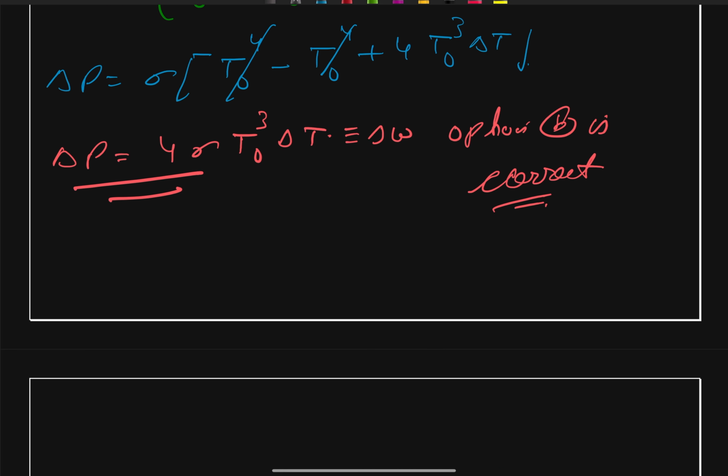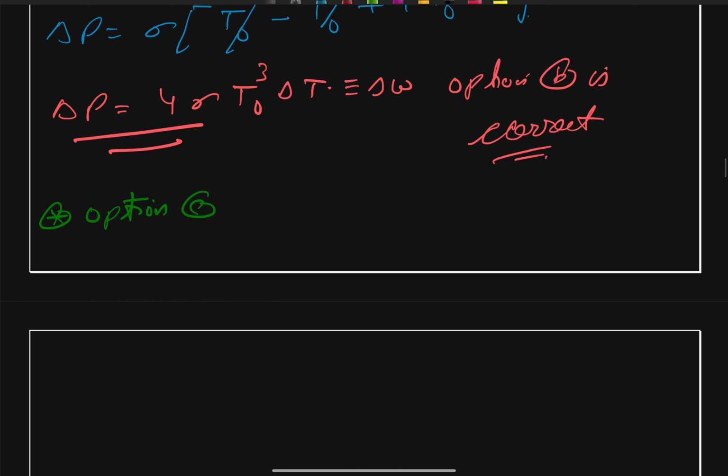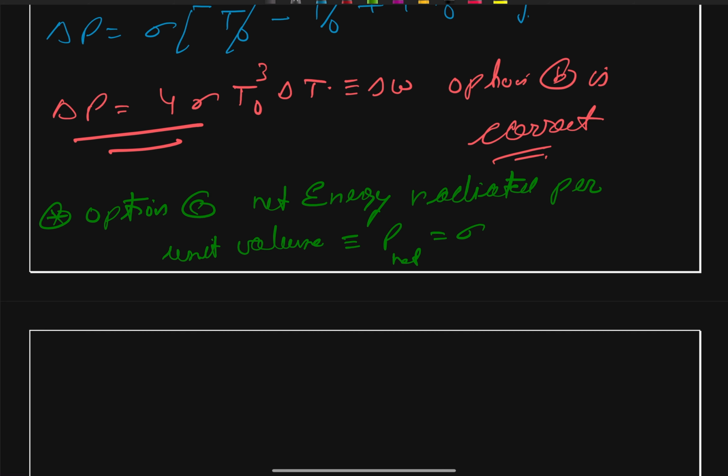For option C, we already know that our net energy radiated per unit volume, which we also call power, we have already done that: P net is equal to A sigma times T raised to power 4 minus T naught raised to power 4.